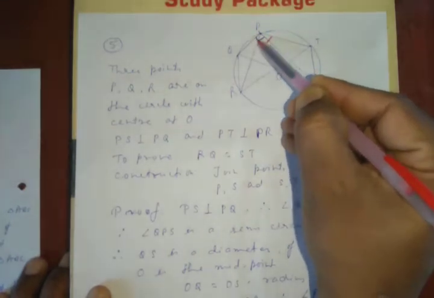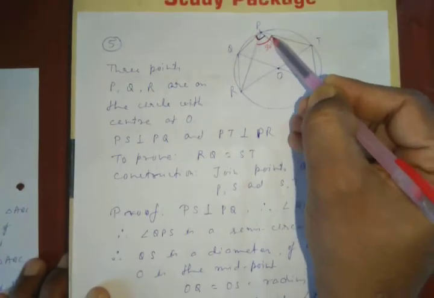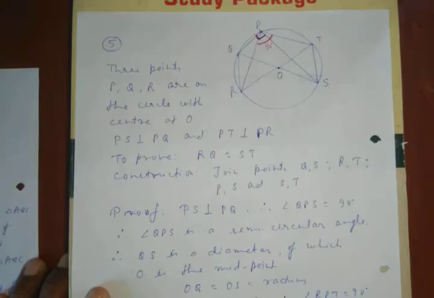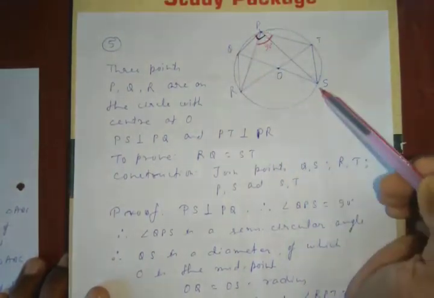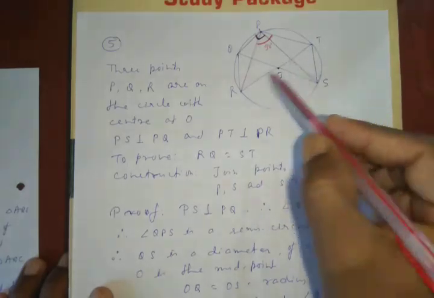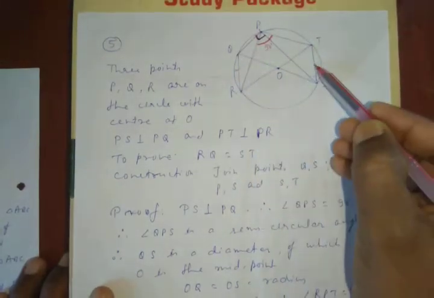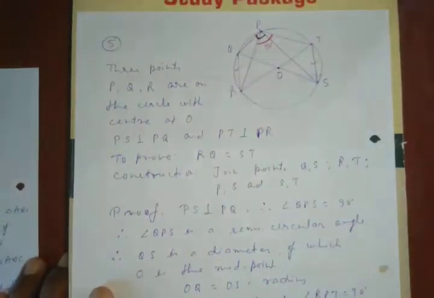So this angle is 90 degrees, and this angle is 90 degrees also. We join PQ, PT, TS and everything. Then we have to prove that RQ equals TS.